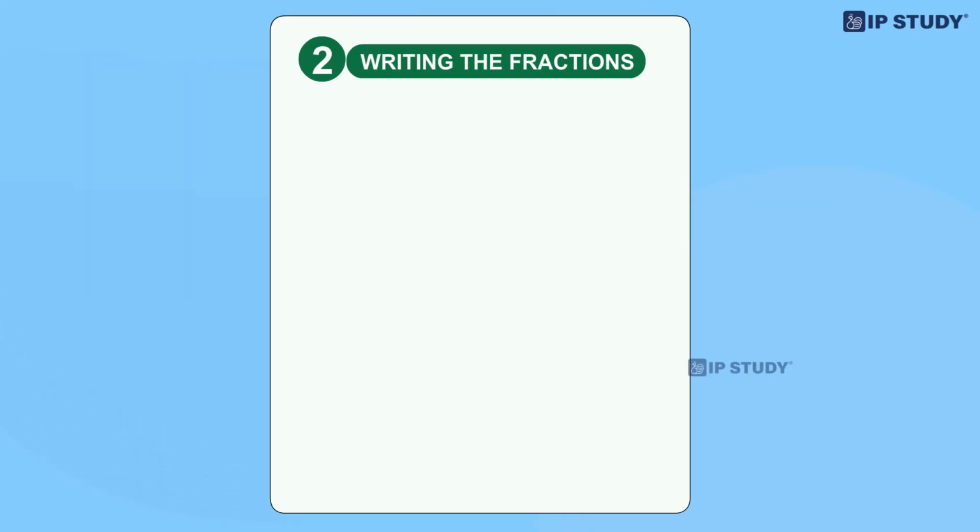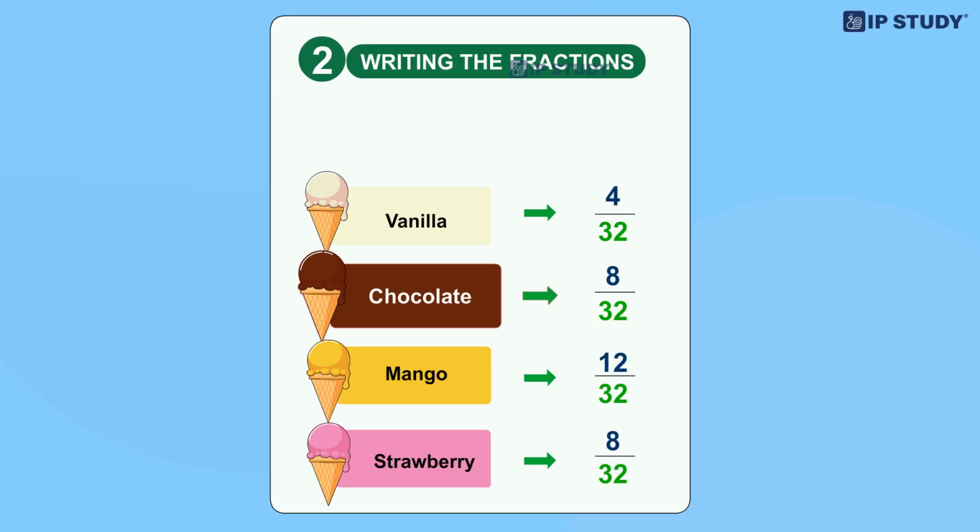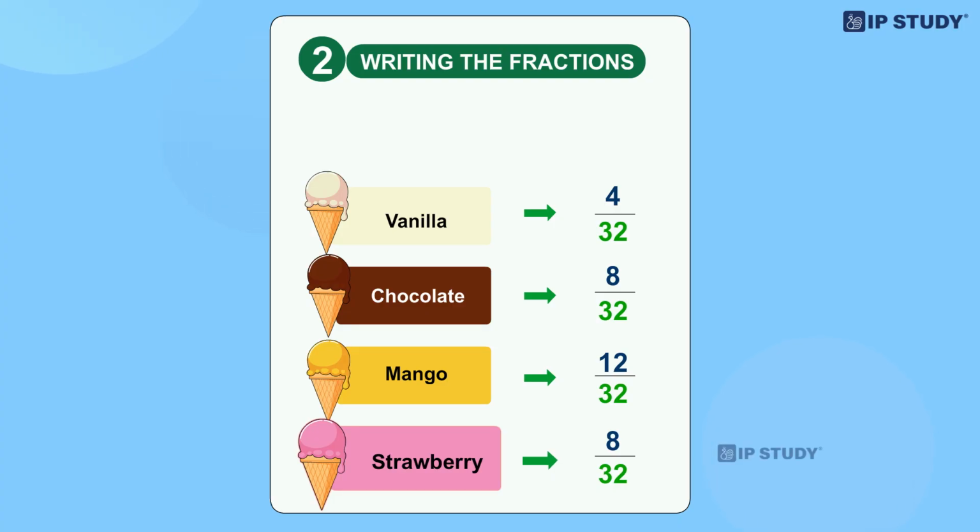We write the fraction for each flavor by placing its number of items in the numerator and the total, 32, in the denominator. Vanilla equals 4 by 32. Chocolate equals 8 by 32. Mango equals 12 by 32. Strawberry equals 8 by 32.